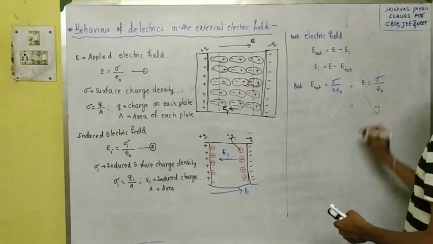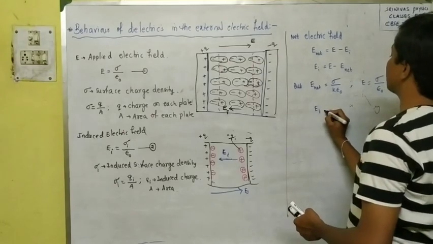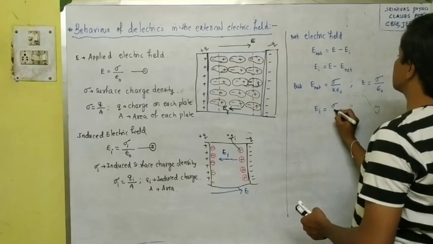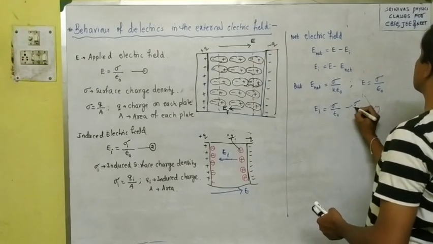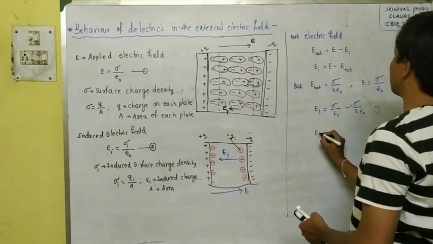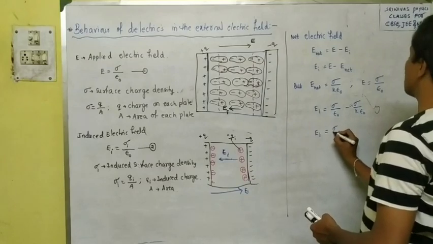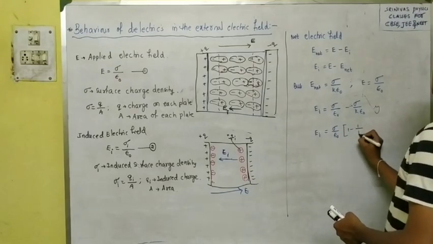Now we substitute this in the above equation. Then the induced electric field is sigma by epsilon naught minus sigma by k epsilon naught. Sigma by epsilon naught is common, so we get sigma by epsilon naught into 1 minus 1 by k.